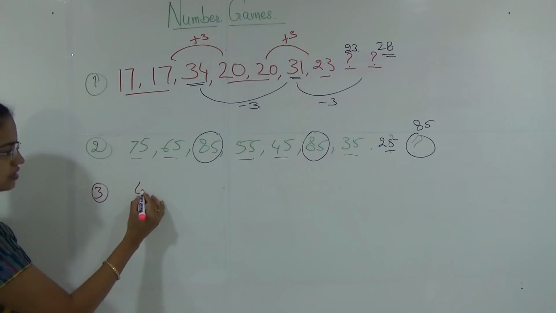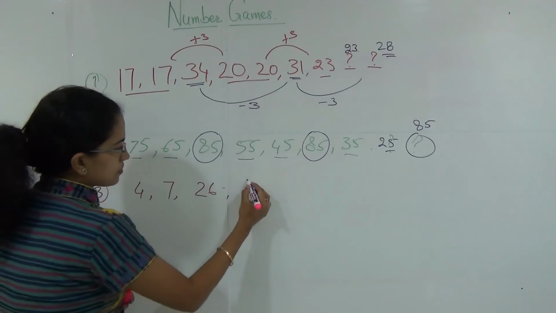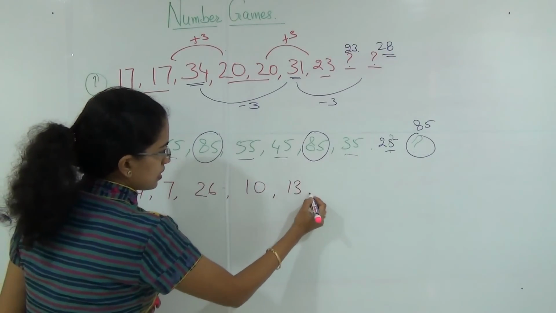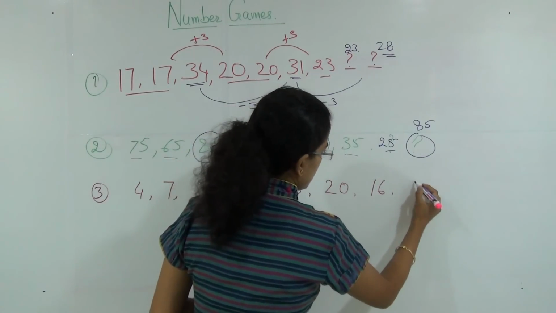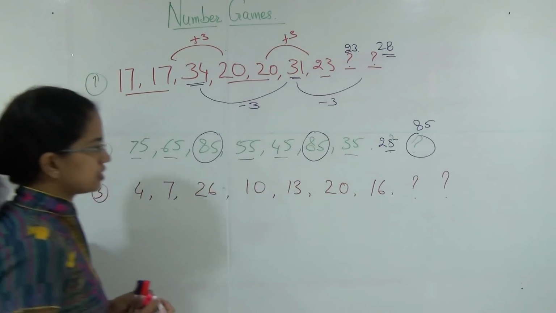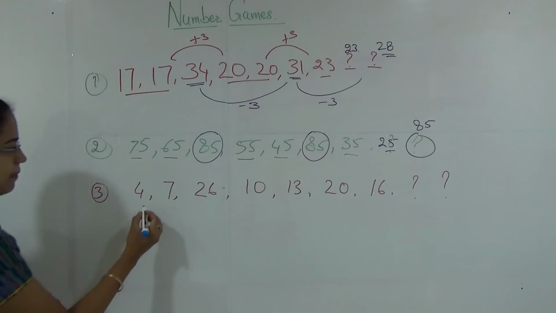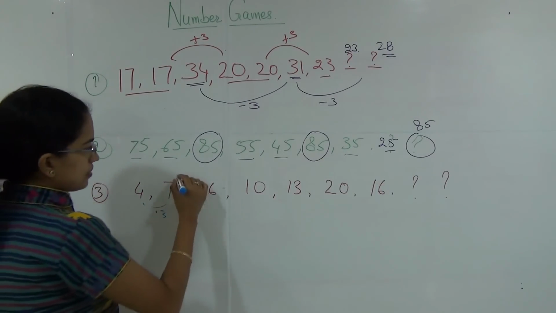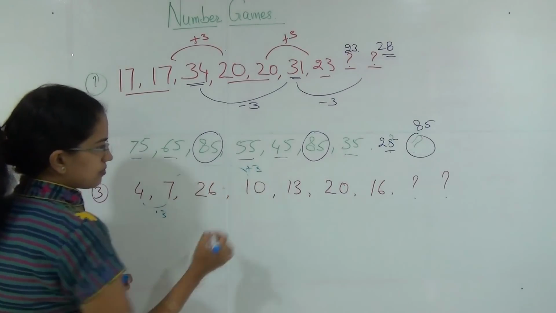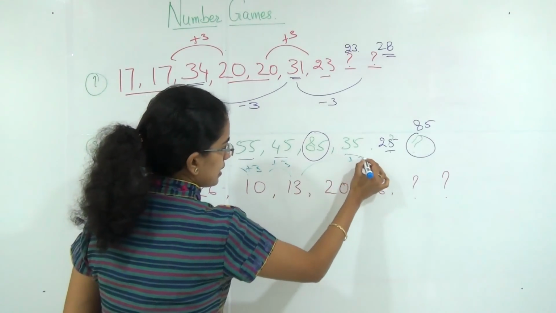The question says 4, 7, 26, 10, 13, 20, 16. What would be the next two numbers? Here, what is happening is I am adding 3 to this number. Then I am again adding 3 to this number. Then it's again plus 3. Then I am leaving 1, adding 3.